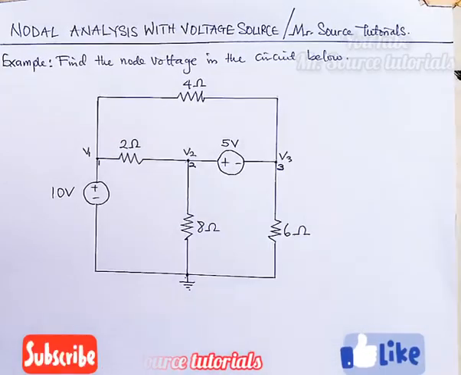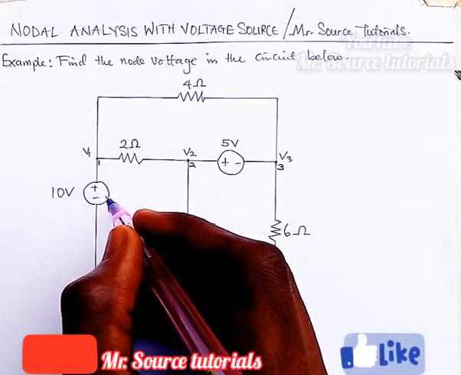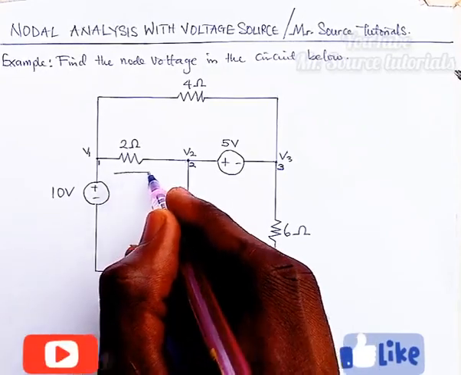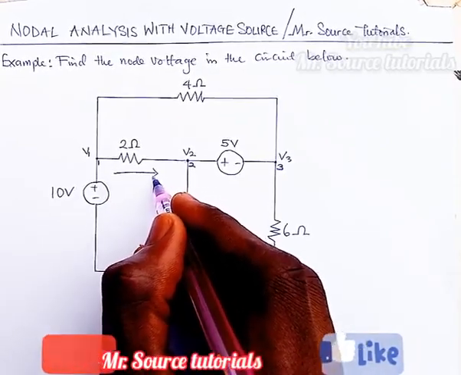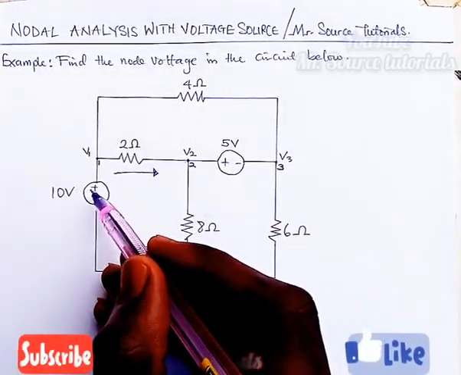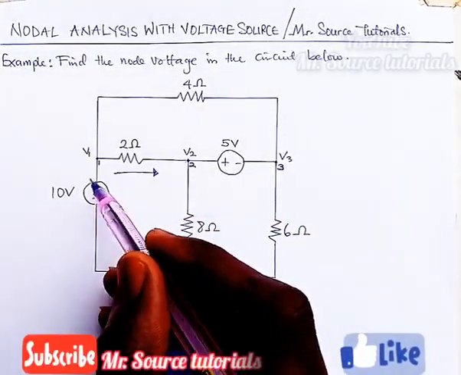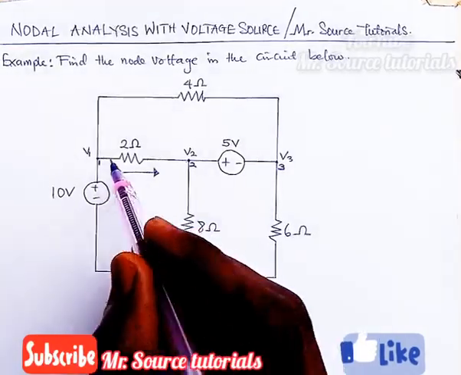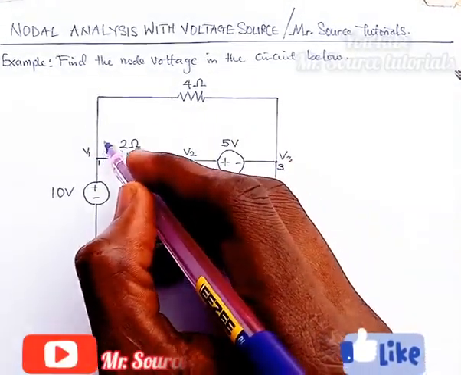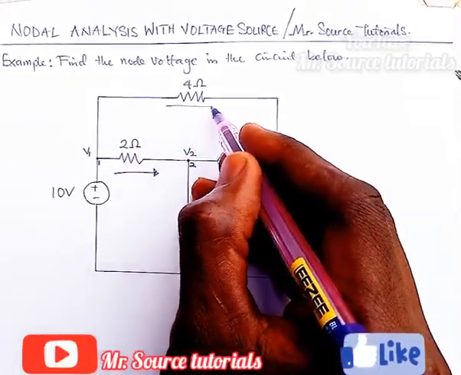So we now go on to assign the currents. The current from this voltage source flows from the positive terminal this way. If it flows from this voltage source and hits here, it will split this way. So the current flowing through this loop is flowing in this direction.